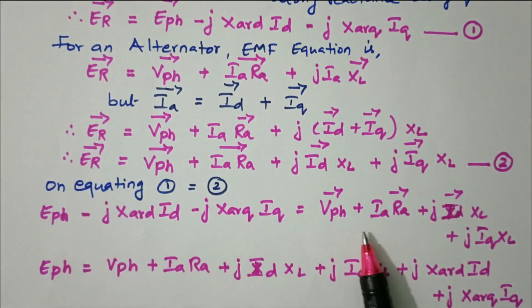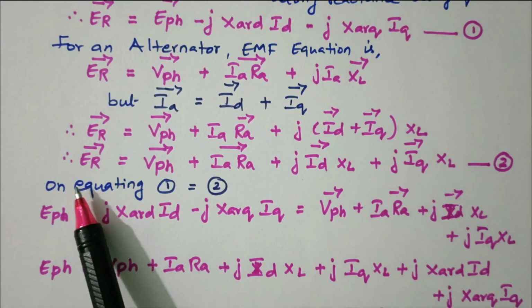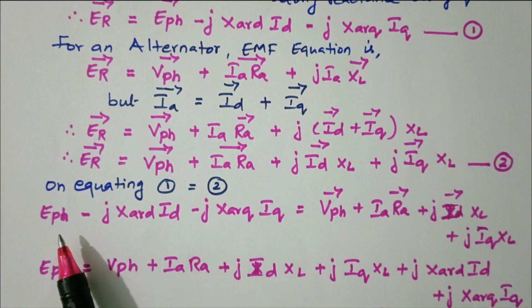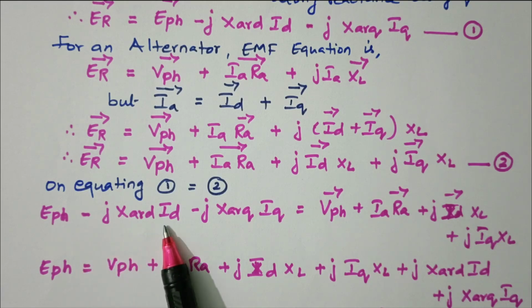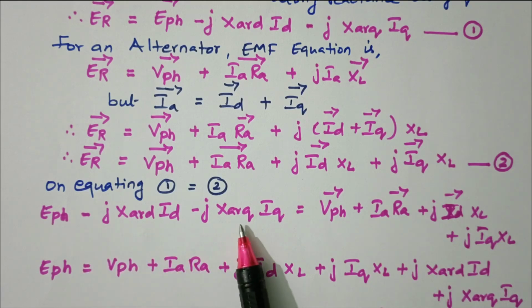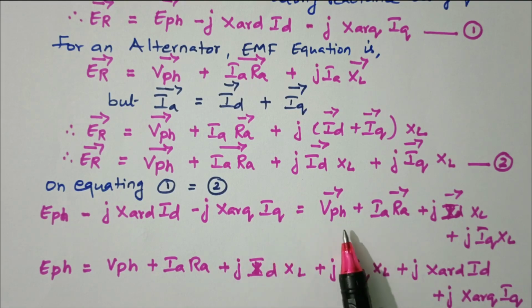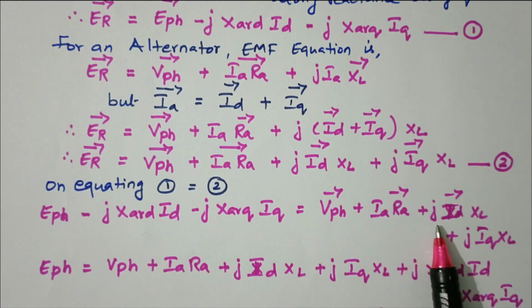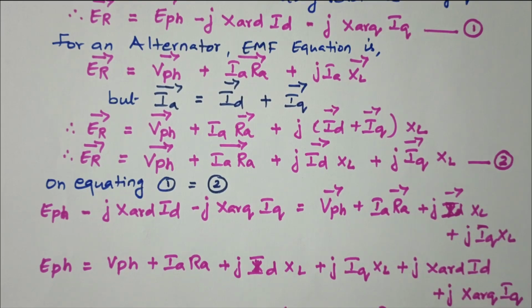So we can equate them. The left hand sides are equal, so we equate the right hand side parameters: E phase minus j XARd Id minus j XARq Iq equals V phase plus Ia Ra plus j Id XL plus j Iq XL. Now we bring these two terms to the right hand side, so this negative becomes positive.